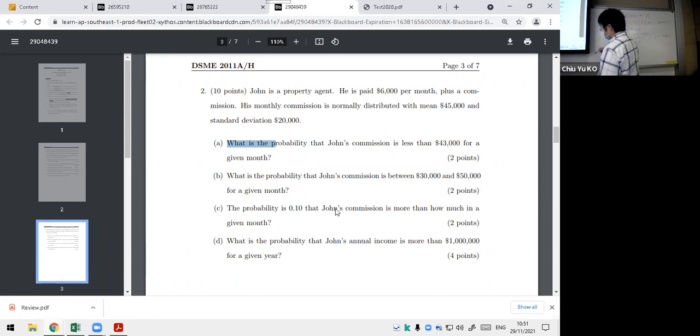The second question is asking you to do X is between 30,000 to 50,000. So you apply the same concept here.